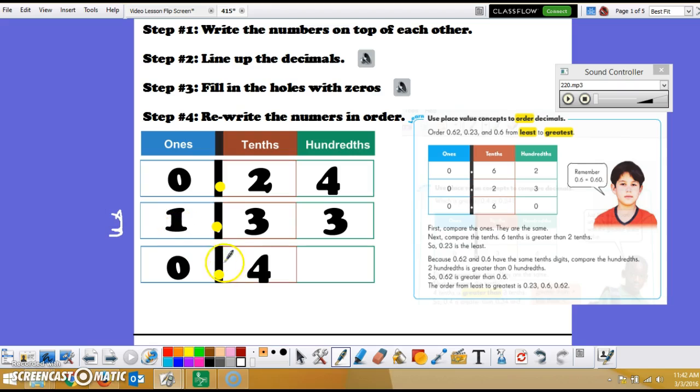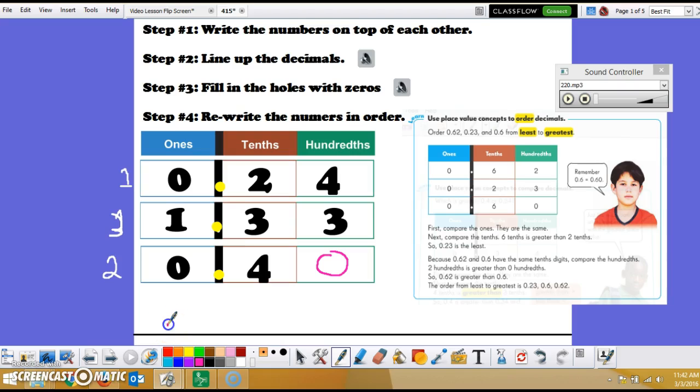So which one is my smallest number? 24 hundredths or 4 tenths? Well, don't forget about step 3. You need to fill in the hole with that 0, which now I can compare. Which one is larger, 40 or 24? 40 is the larger of the 2, which means it's going to be the second one I write, and 24 hundredths would be the first one that I write, because it's looking for numbers from least to greatest.